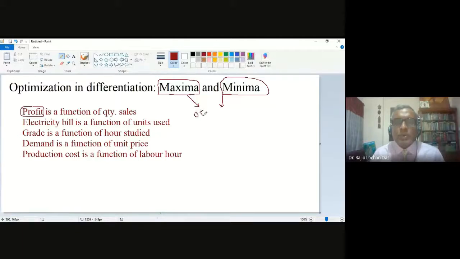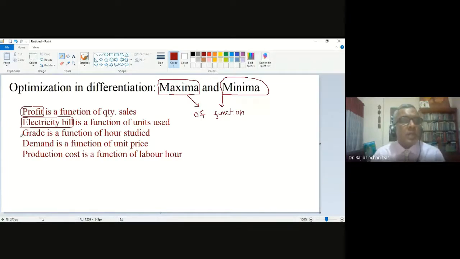If you think about the second example, will you look for the maximum electricity bill? No. Everyone will say, no, sir, we want the minimum electricity bill, right? Electricity bill is the function, and we want the minimum value of it.